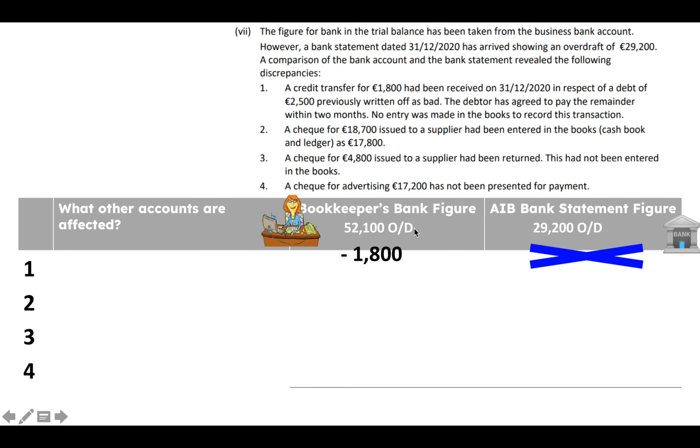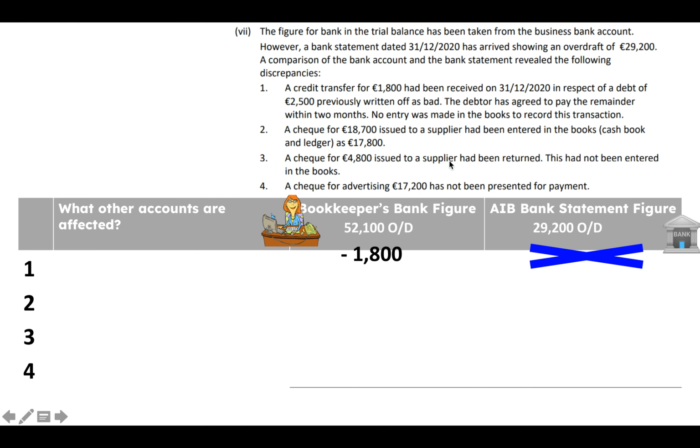That would reduce the bookkeeper's bank figure, the overdraft, by 1,800. Now we need to look at what other accounts are affected here. Basically, we've received 1,800 from a debtor who was previously written off as bad. They want to do business with us again. So that is going to be bad debt recovered.